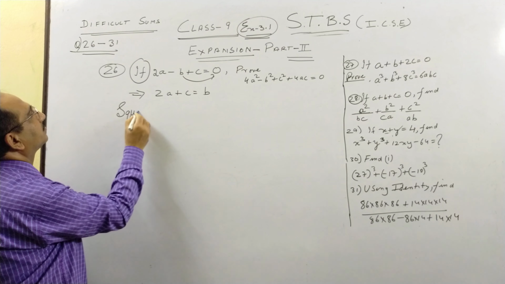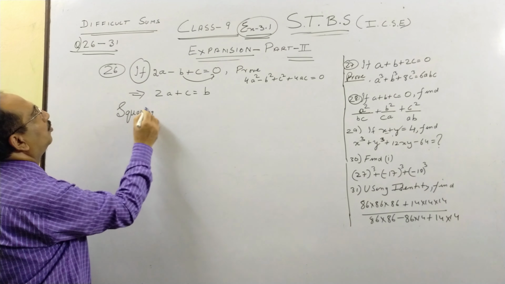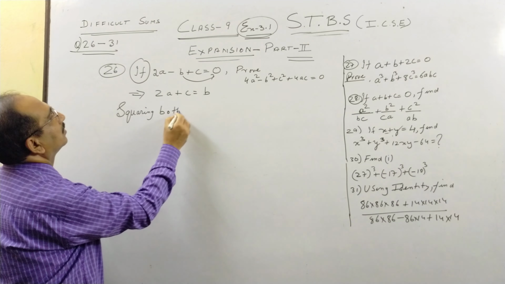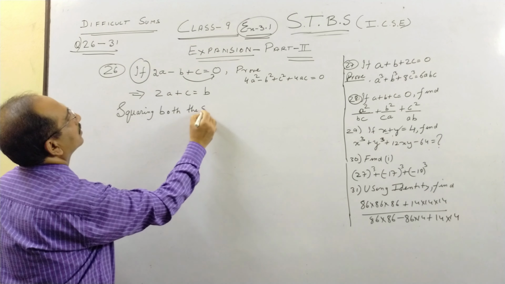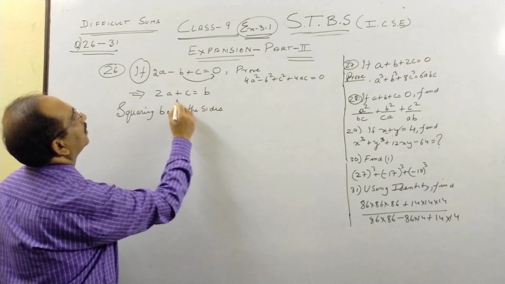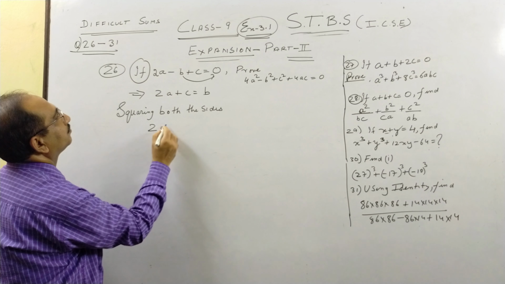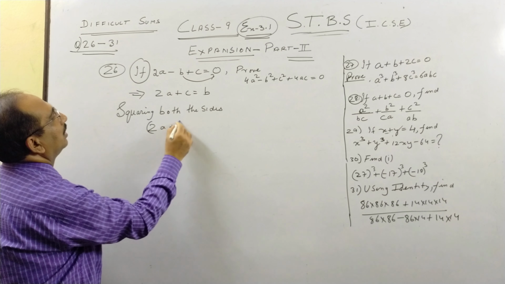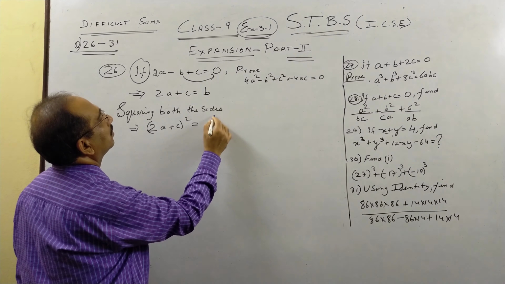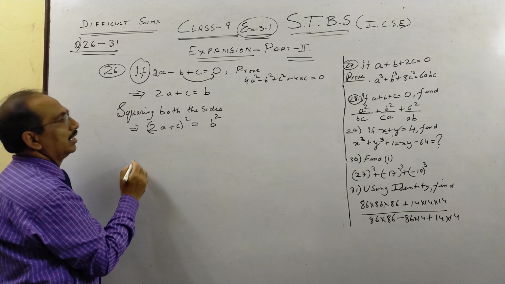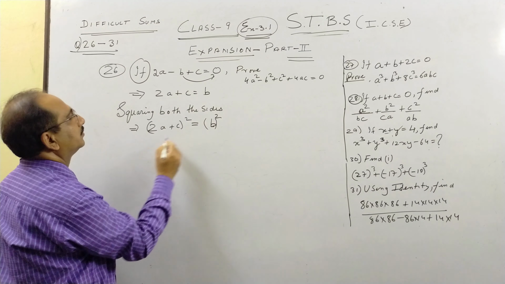Squaring both the sides, what do we get? Left side whole square is equal to this side square. You can put a bracket.